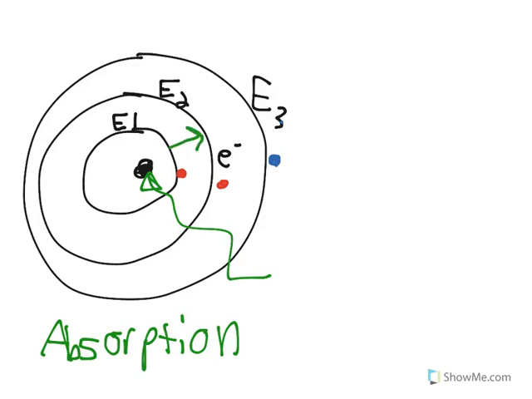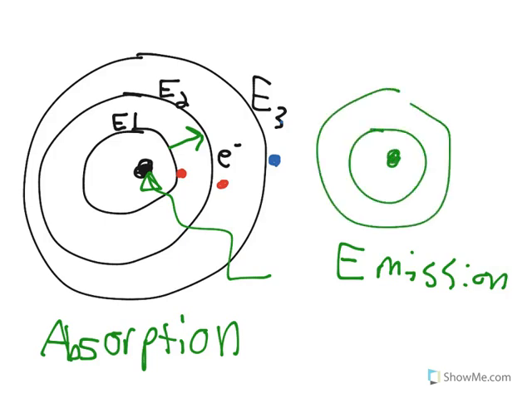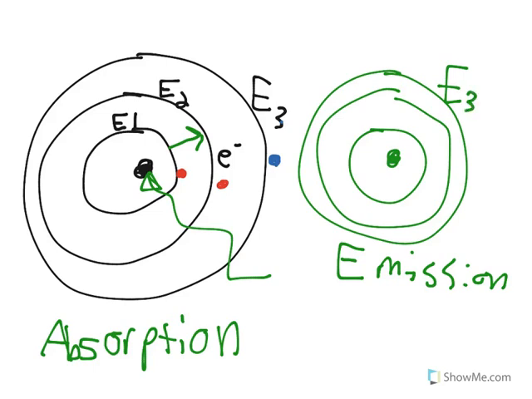So the energy provided to this atom allows its electron to move from shell 1 to shell 2, which is a higher energy state. When the reverse happens, it's called emission. During emission, the electron moves from a higher energy state to a lower energy state, releasing a quanta of energy.